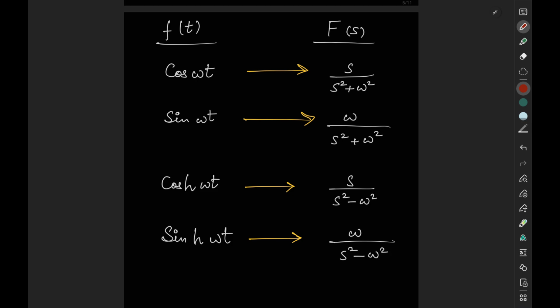To remember this, you can see in cos omega t and sin omega t, the denominator term is s square plus omega square. In cos omega t the numerator is s, and in sin omega t the numerator is omega. In a similar fashion, in cos hyperbolic omega t and sin hyperbolic omega t, the numerator terms are s and omega respectively, while the denominator term is s square minus omega square.